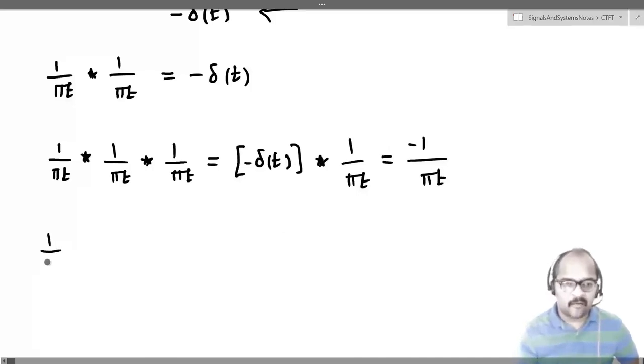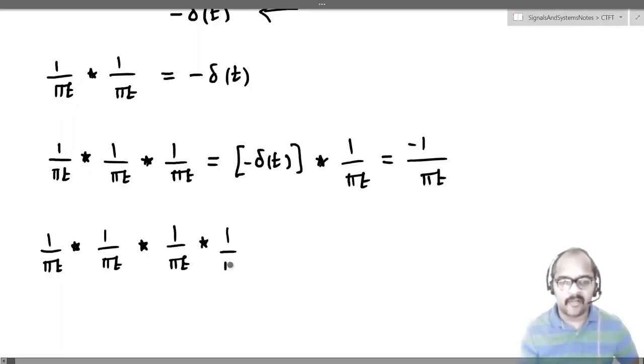So similarly, what will happen if you take the convolution of 1 by pi t four times? So 1 by pi t convolved with 1 by pi t convolved with 1 by pi t convolved with 1 by pi t. So this should be equal to how much here?